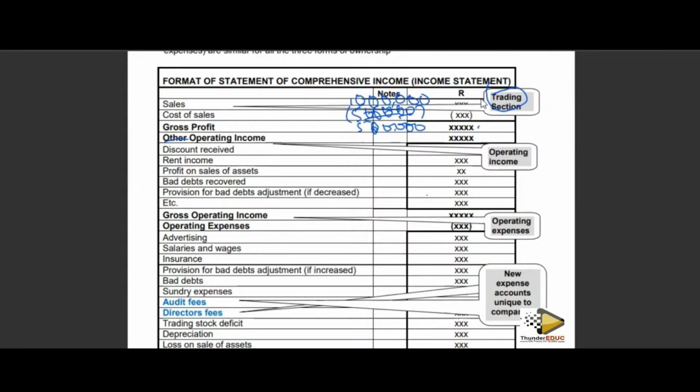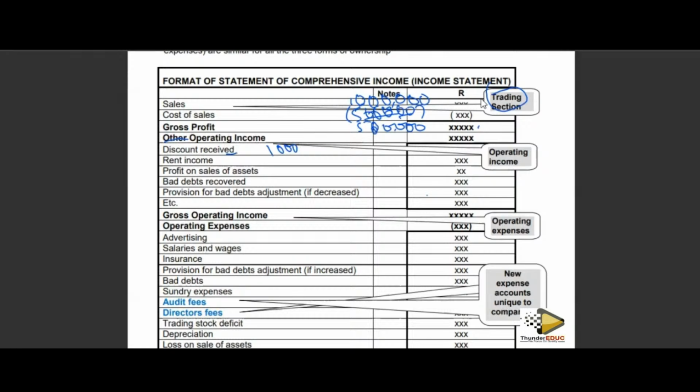Which means we are going to pay them only 9,000. So do you see that this 1,000 we are receiving, because we were supposed to pay them 10,000, they are giving just a discount of 1,000, so we pay only 9,000. When we pay them 9,000 and we receive a discount of 1,000, this one is discount received.